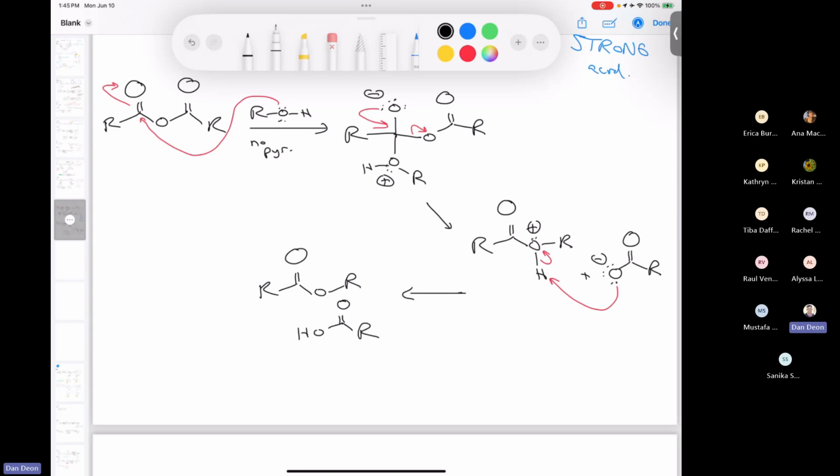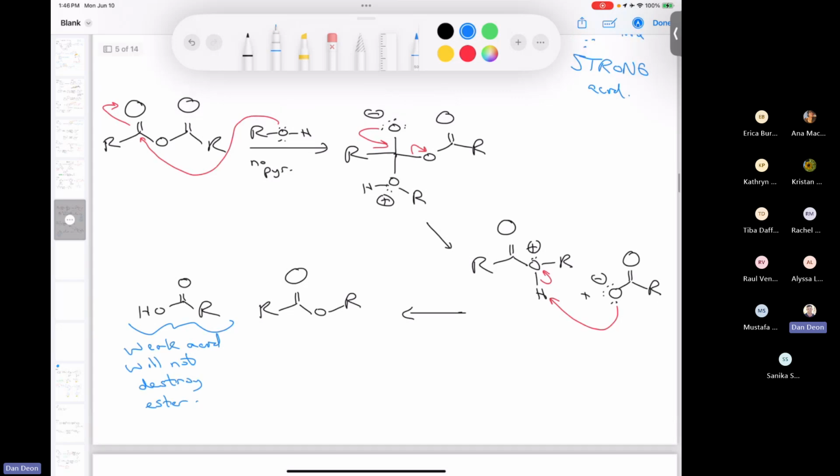Okay, but the carboxylic acid is of no harm whatsoever. Okay, so I'll just move it over here and say we get our ester, but again, this is a weak acid. Okay, will not destroy or degrade or break down the ester that's formed. So everything's going to remain intact.